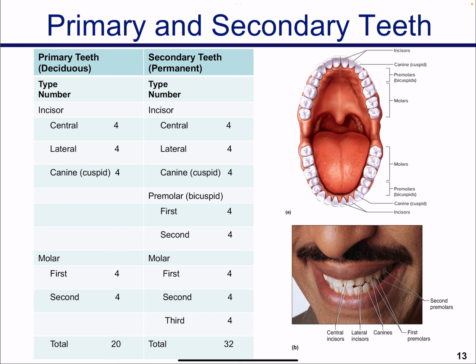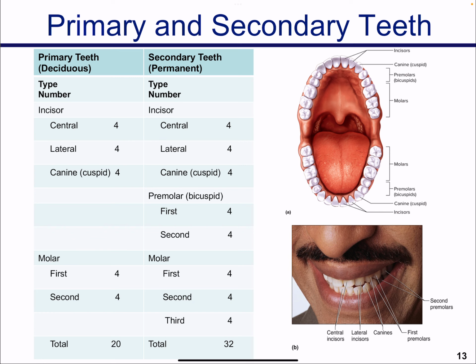Now, about your teeth, there are two kinds of teeth that you are going to have. You have the primary teeth and the secondary teeth. The primary teeth are what we call the deciduous teeth. These are the teeth that you are going to lose at some point during your life, specifically when you are a child, right? And eventually, these teeth are going to be replaced by secondary teeth. These are permanent teeth, right?